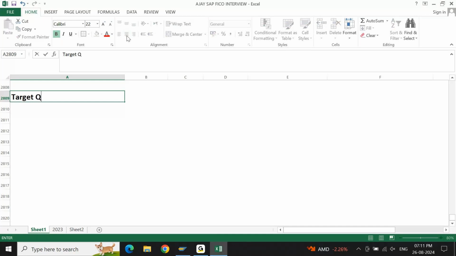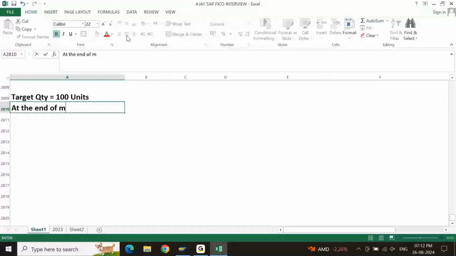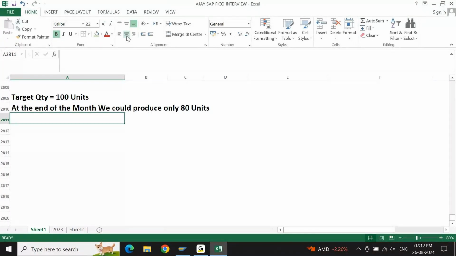Agree? Now, at the end of the month, we could produce only 80 units. It means, is this called fully completed or partially completed?